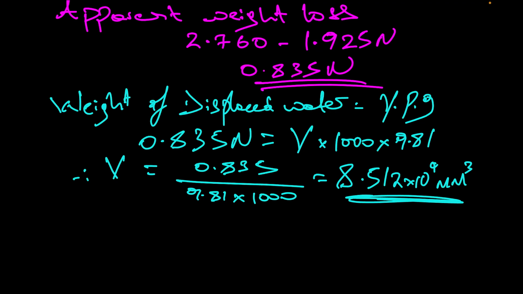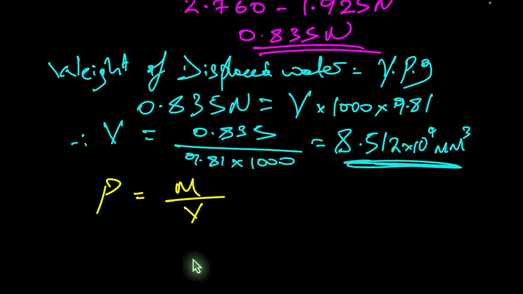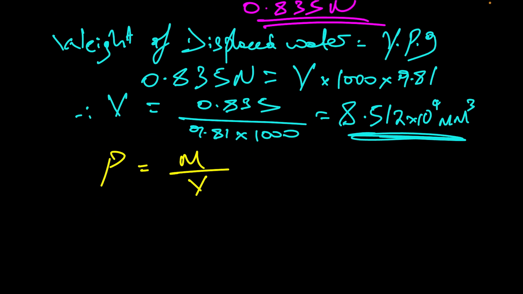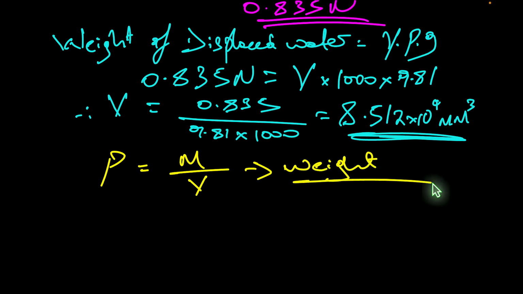So we do know that density is equal to mass divided by volume. And our mass here in this case has to be converted into our weight. So that's the weight divided by, and we have our formula here. So since we have mass equals weight, then for volume, it's just going to be gravity multiplied by volume.